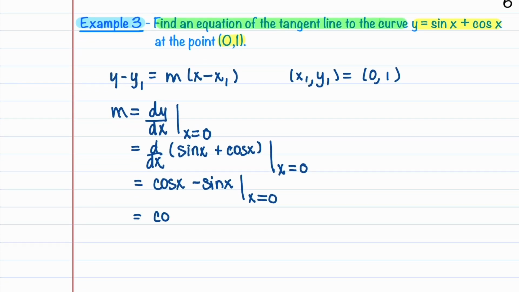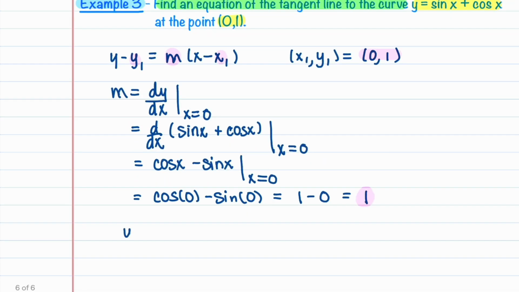This gives us cosine of 0 minus sine of 0. Cosine of 0 is 1. Sine of 0 is 0, so our answer for our slope is 1. Now we can take this value and plug it back into our equation, and then also plug in the point 0, 1 in for x1 and y1.